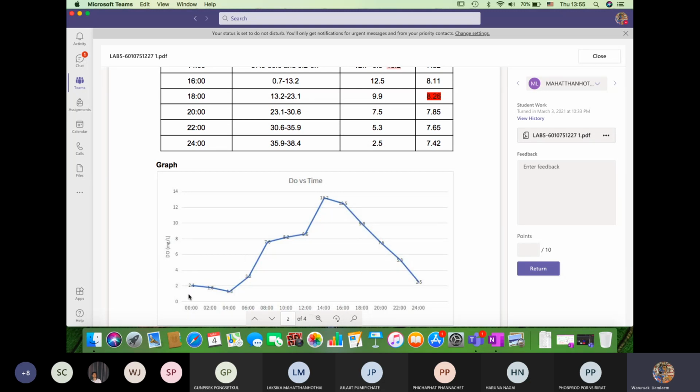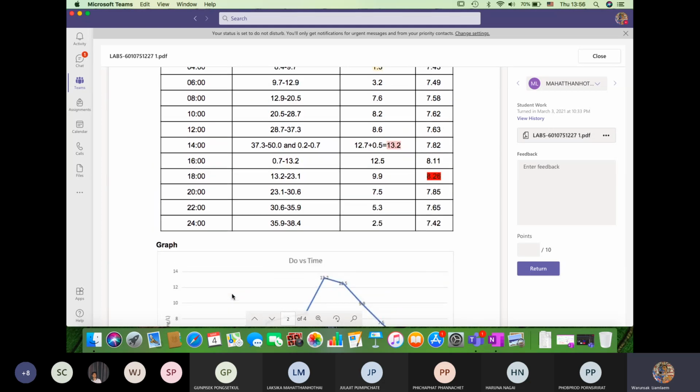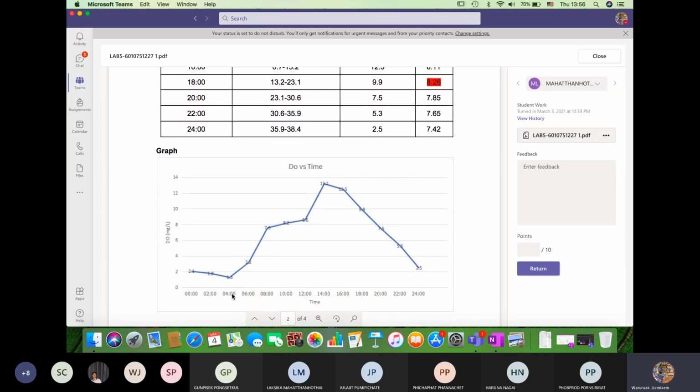So the dissolved oxygen comes below 4 milligrams per liter. It reached a minimum of 1.3 milligrams per liter. So this will affect the welfare of some fish or some aquatic organisms. I mean the large organisms, not the small ones.